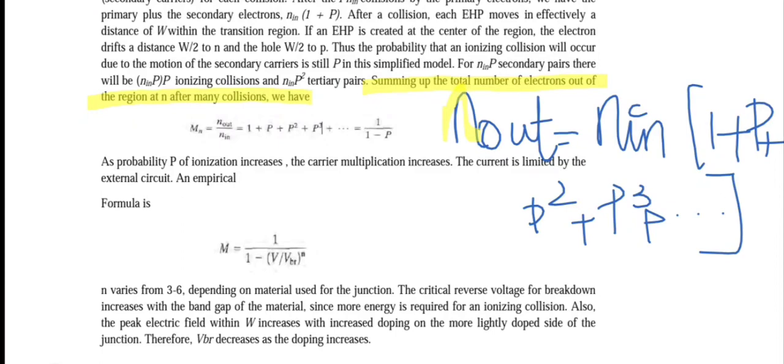So we can write the carrier multiplication, or electron multiplication, M_n, as nothing but n_out by n_in.